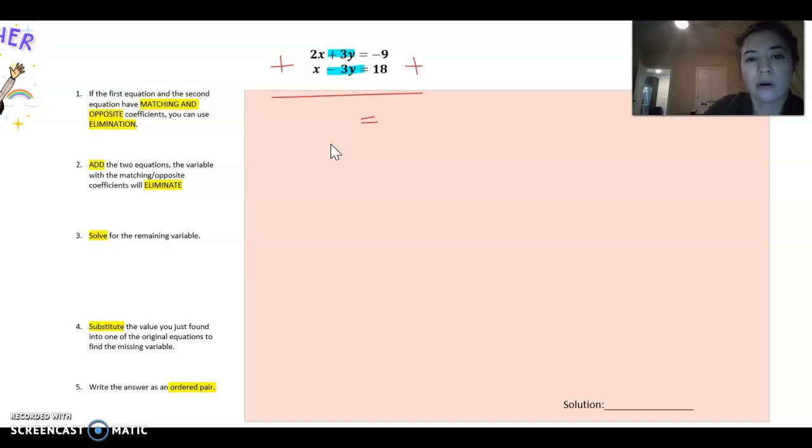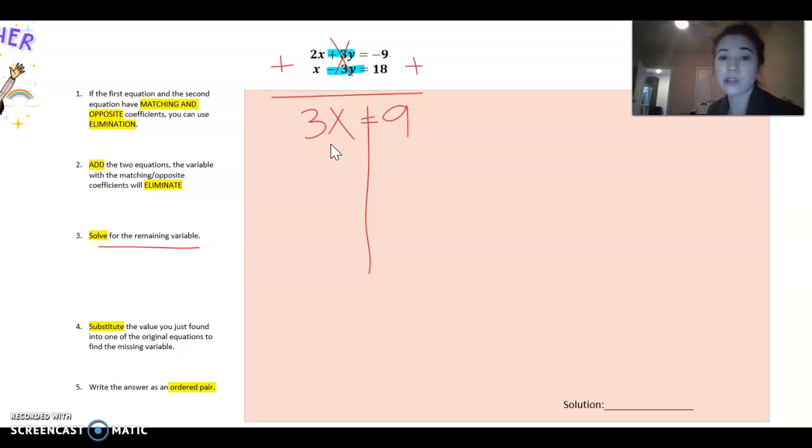Okay, so hopefully we saw those two things that were equal but opposite. So those went away. We can add 2x plus x to get 3 x's. And then -9 plus 18 gives us a +9. Okay, we're going to solve for the remaining variable now. Take a second, solve for the variable.